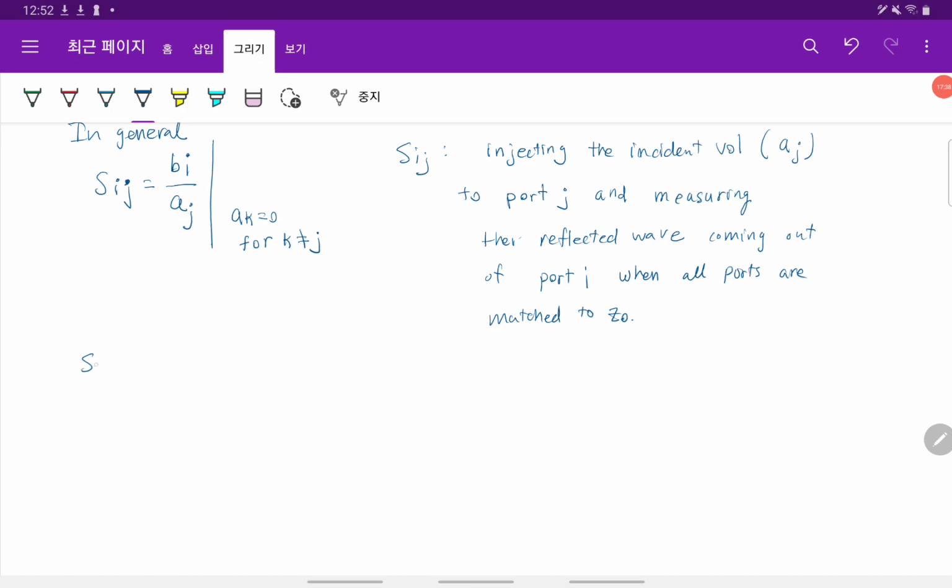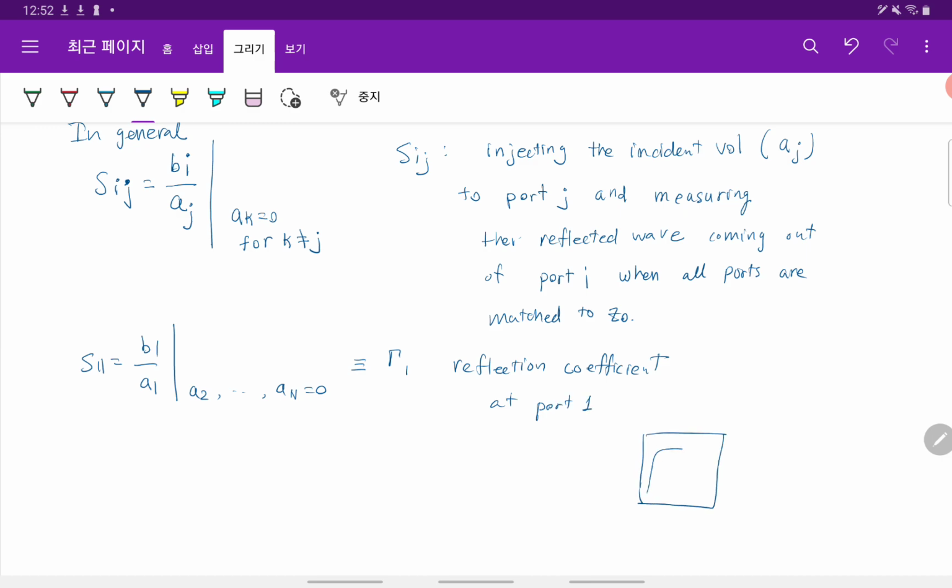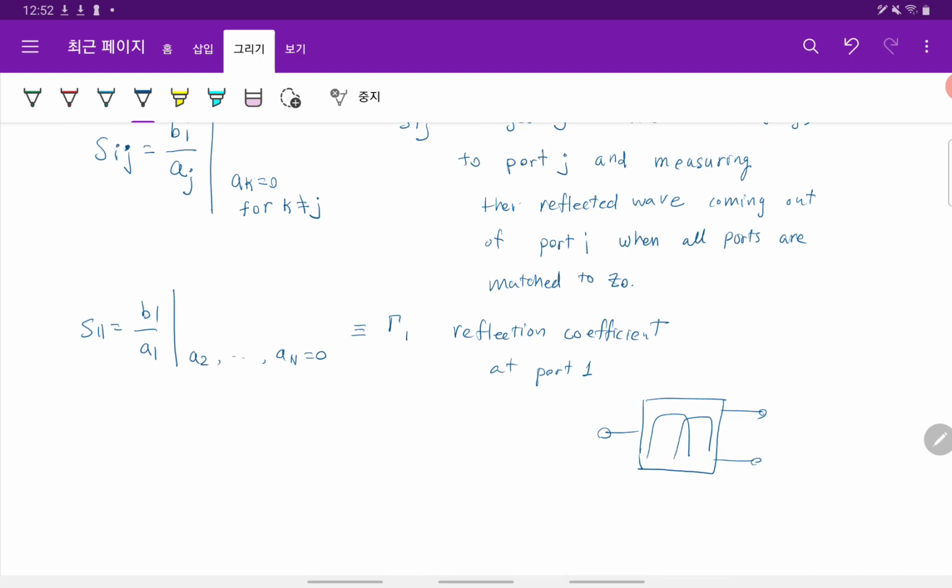So as I showed, S11 is B1 divided by A1 when A2 to An are 0 or matched, right? So this is the reflection coefficient at port 1. So if we take an example of a diplexer with 3 ports, for reflection S11 we match Z0 ohm on port 2 and port 3, and connect the source.